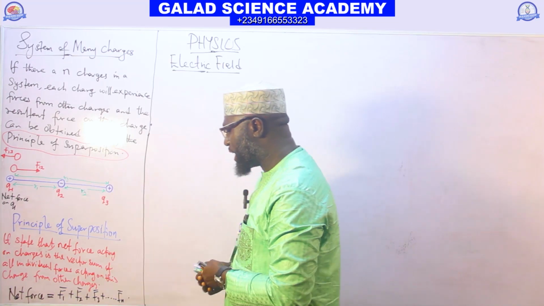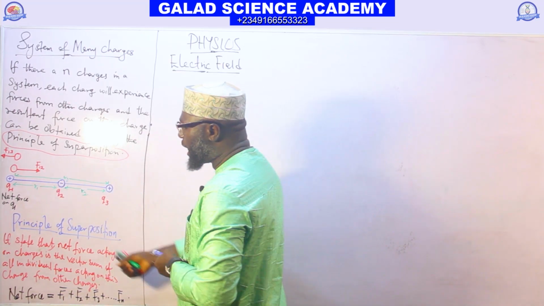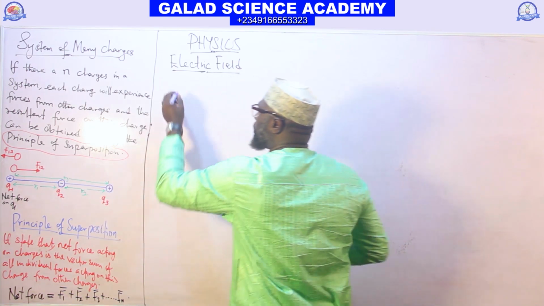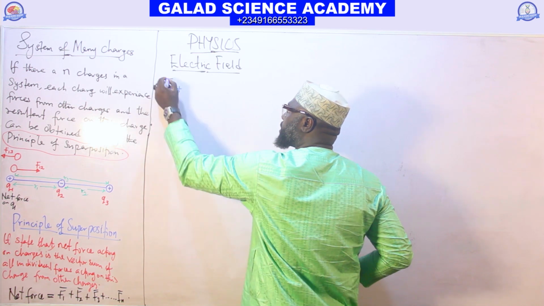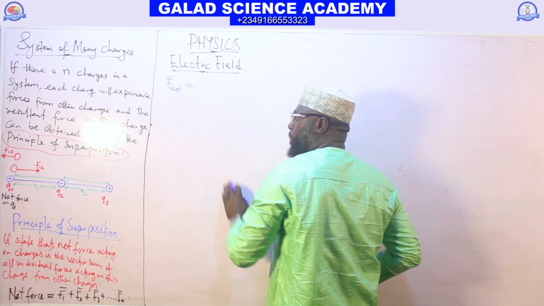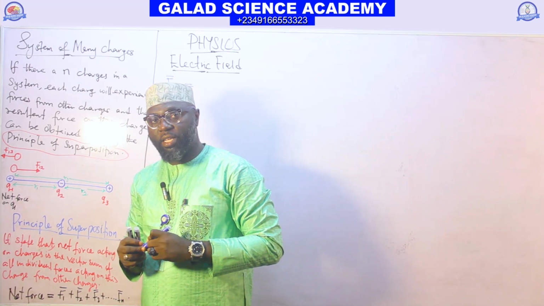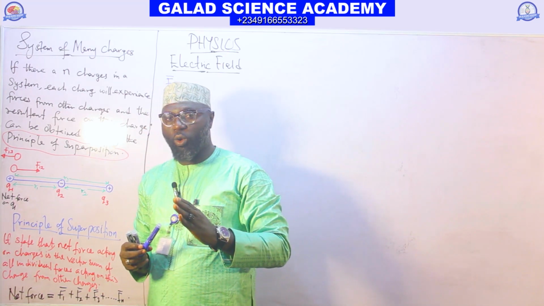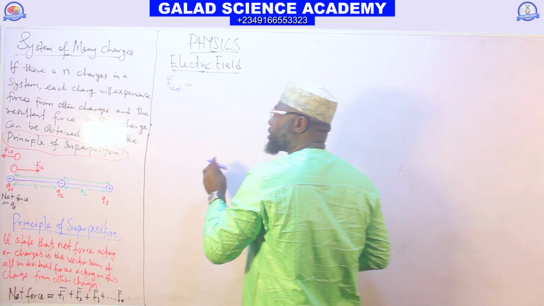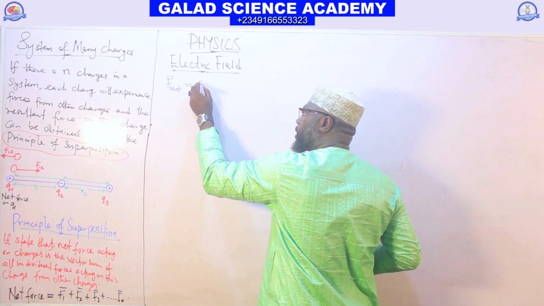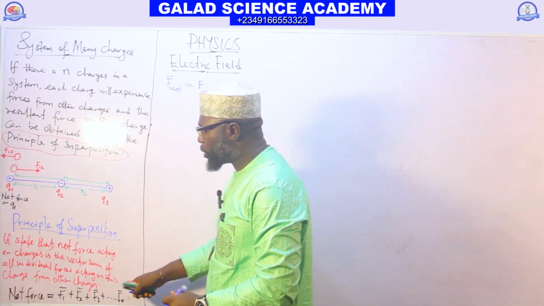So what is the net force from this diagram? To know the net force of this diagram, the net force will be equal to the vector sum, supposed to be F1 plus F2 plus F3.